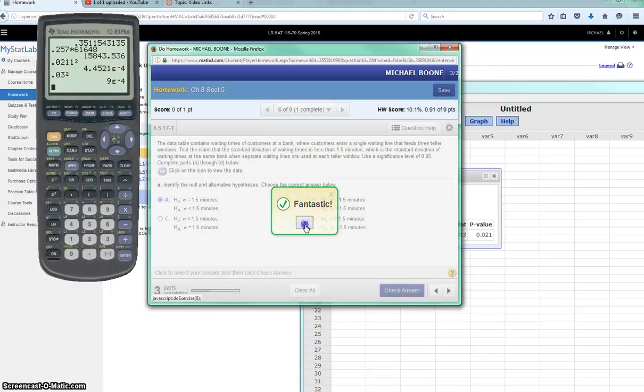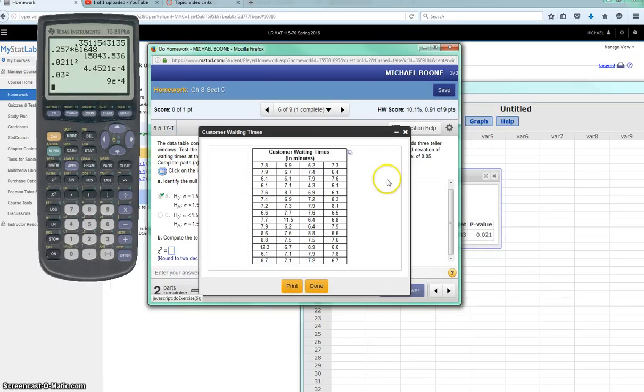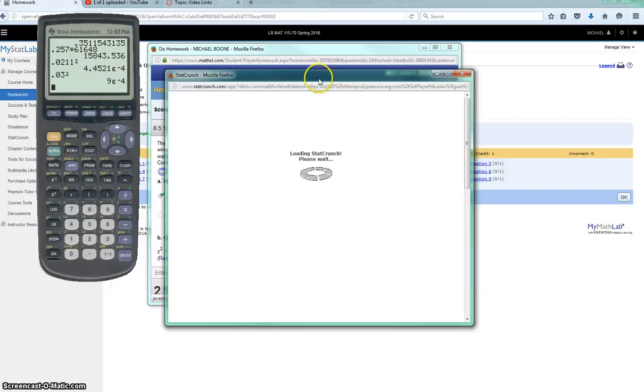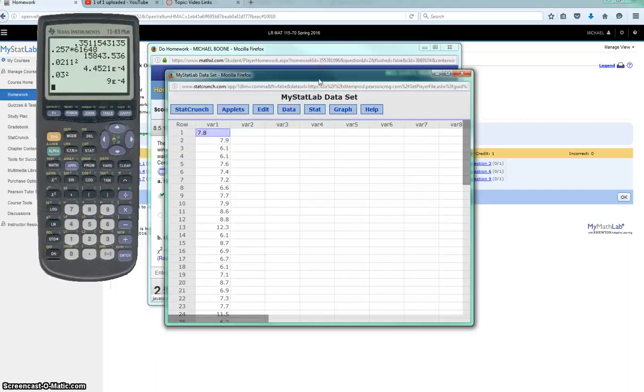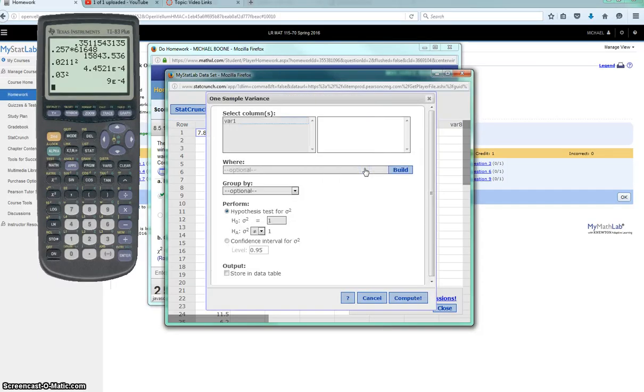Again, we're not given a standard deviation or a variance or anything. So what we're going to do is take our data and put it in StatCrunch. So our data is in StatCrunch, and we're going to do the exact same test that we did a second ago, except we're going to do it with data, not summary. So our data is in var1.